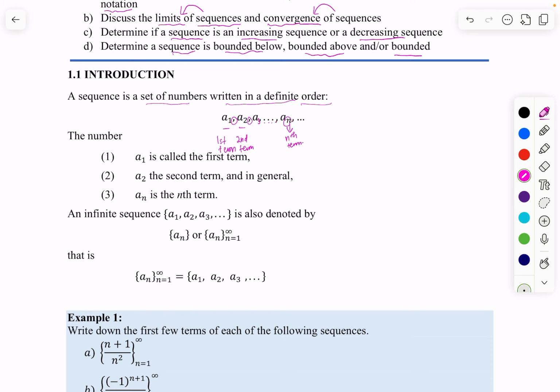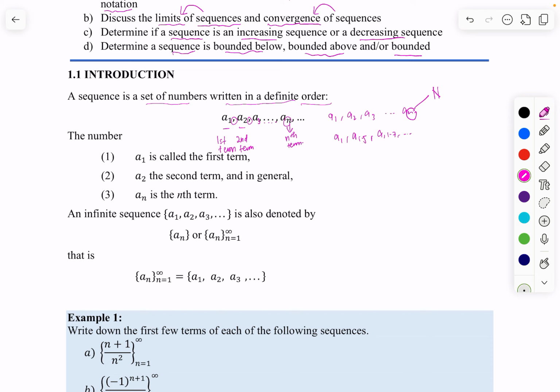And you should know that it should have A1, A2, A3, and so on until An. And there is no such thing as A1, A1.5, A1.7, and so on, because this n should be an integer, which means a positive integer.